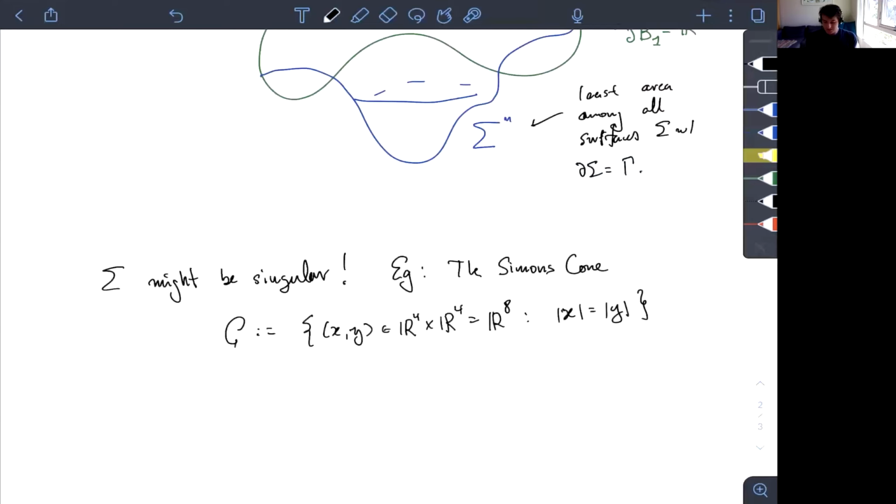The Simons cone is a bit hard to visualize, but it's relatively simple. It's the set of points in R^8, where if you write R^8 as R^4 cross R^4, you look at points where the norm of x is equal to the norm of y. We might depict this in the following way.